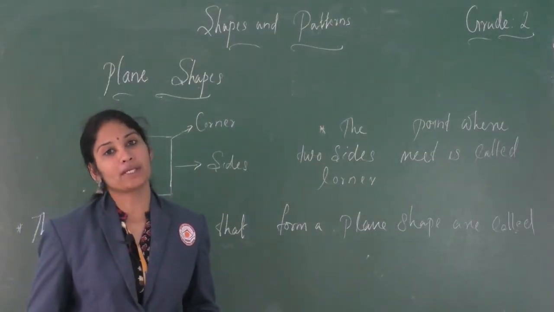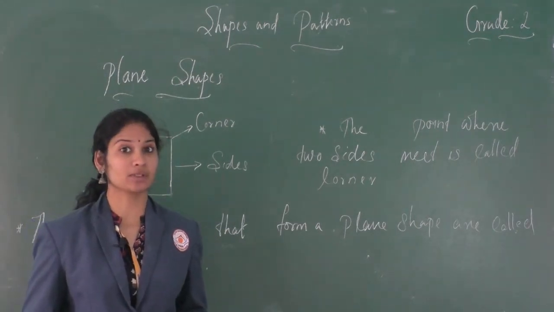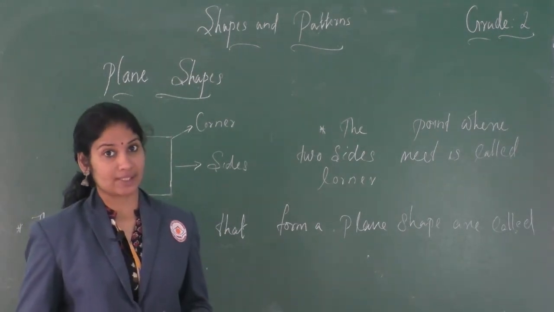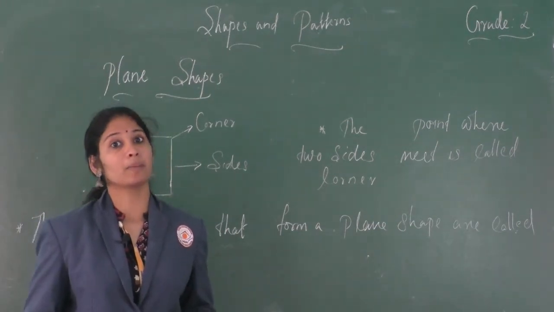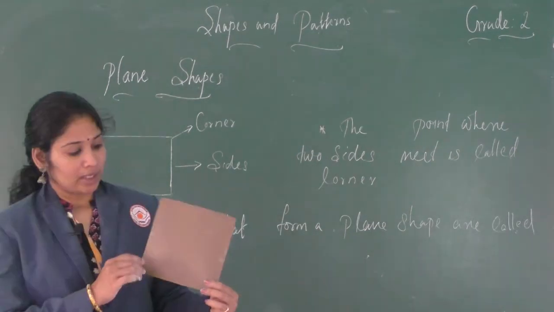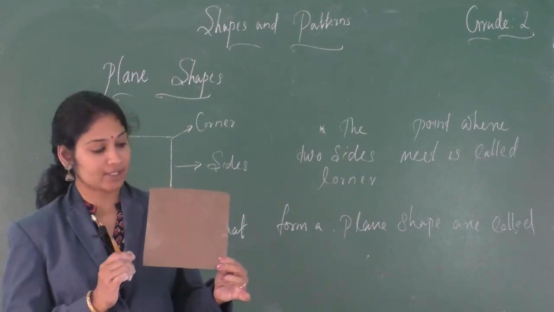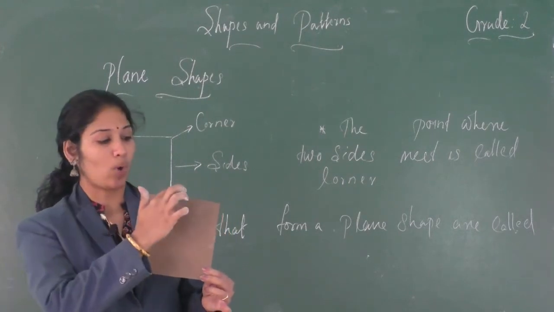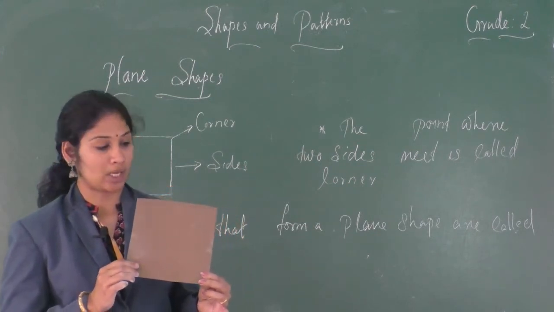Children, our next topic is plane shapes. Do you know what are plane shapes? Shapes such as triangle, rectangle, square are plane shapes or two-dimensional shapes. Here, how many straight lines are there in a square? 1, 2, 3, 4.